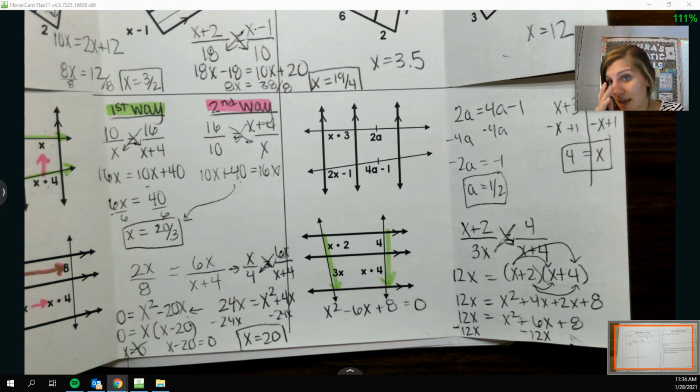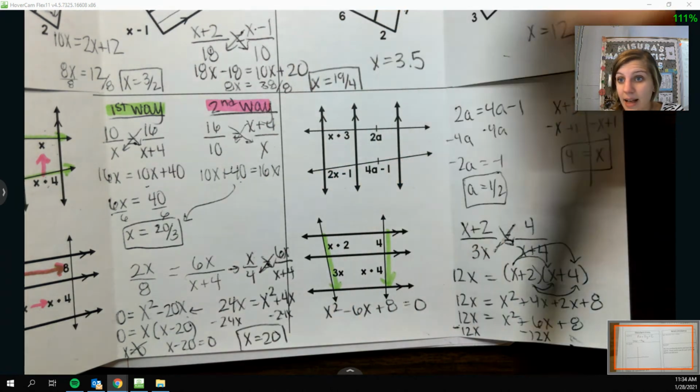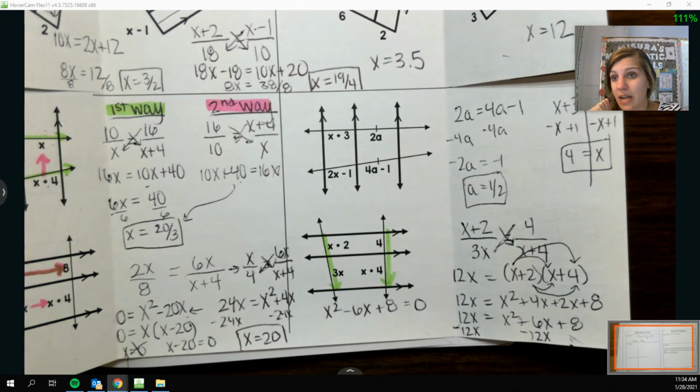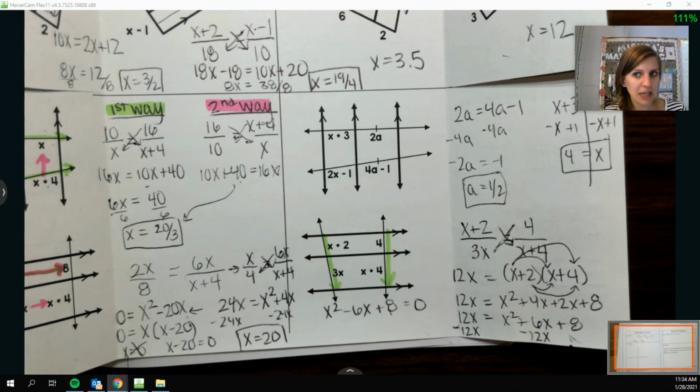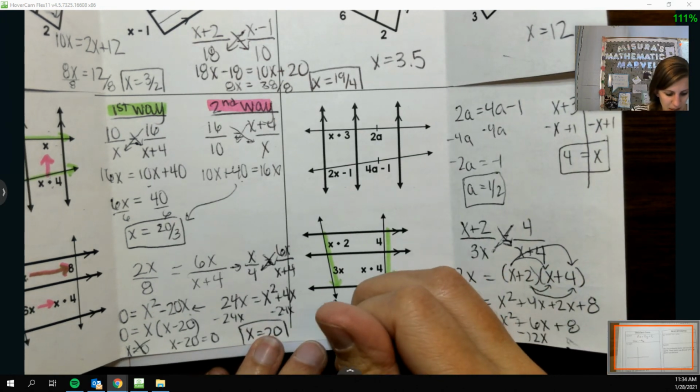Now on that last one, I was able to basically just undistribute and I was done. These don't have anything in common. So that's where factoring really comes in. And we had to think, what multiplies to 8? Like which 2 numbers will multiply to 8 and those same 2 numbers will add to negative 6?